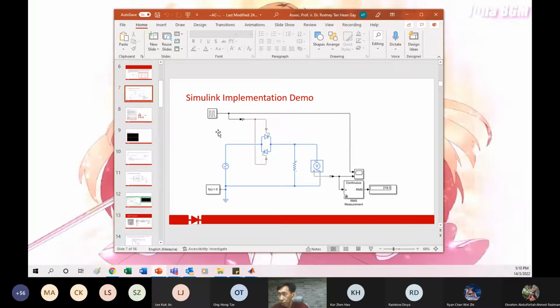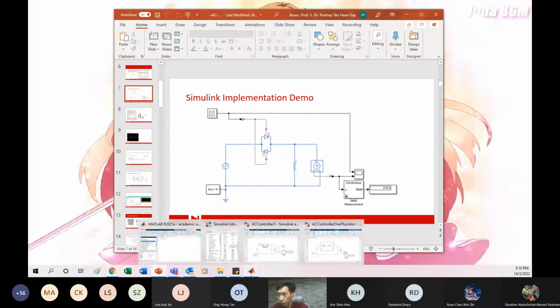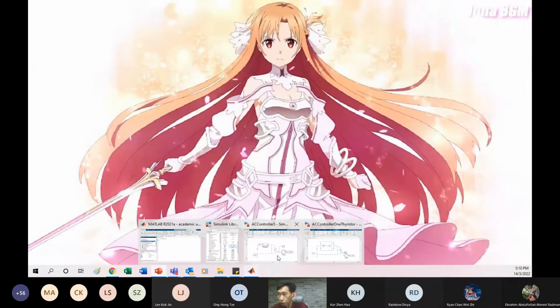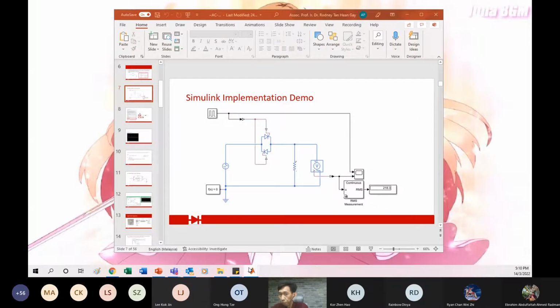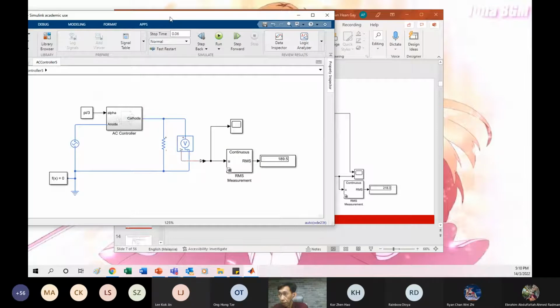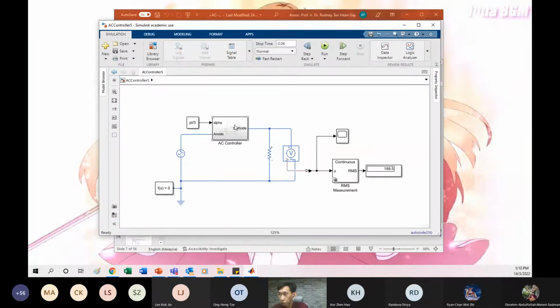So to solve that problem, I show one example here in MATLAB. You can see I actually make it a block already for the AC controller, and the angle is pi divided by 3.